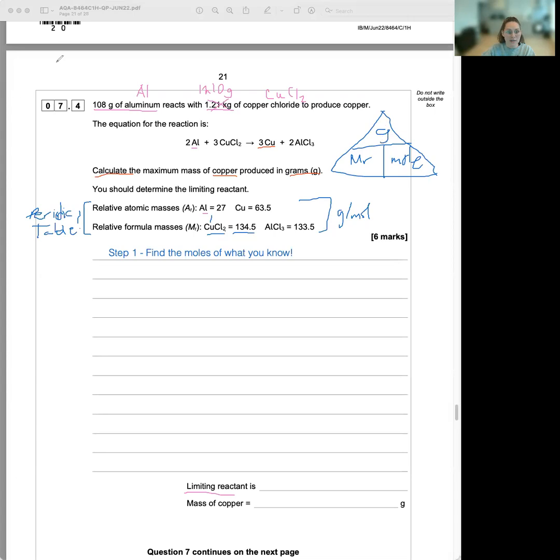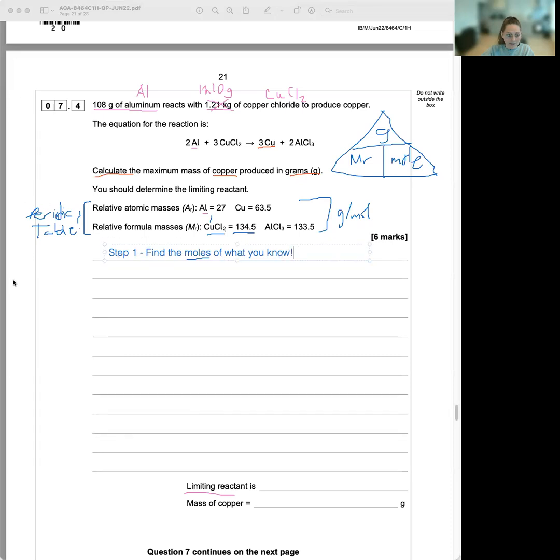And I'm using G for grams per mass. So instead of saying M, and M, that's gross, I say Mr. Mole lives underground. And then I can use my triangle. So step 1 is find moles. So it's going to be grams of what I was given over MR. And again, I don't know why this went blue. I'm so sorry. I said it was going to be pink, didn't I?